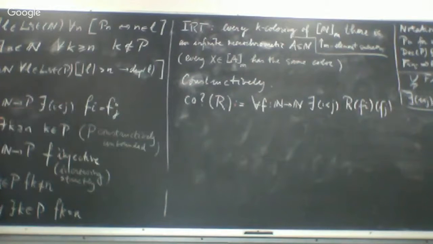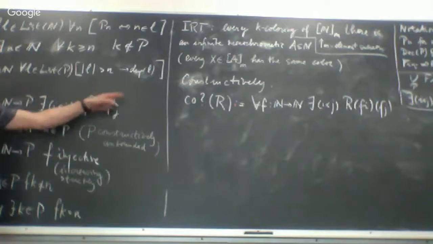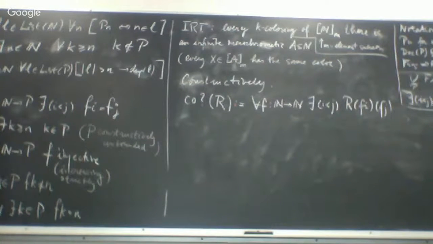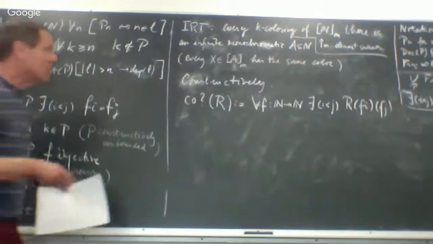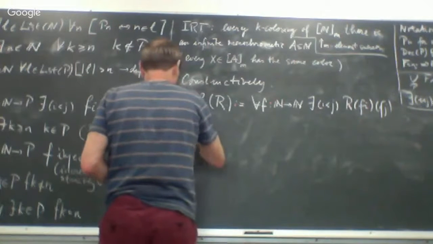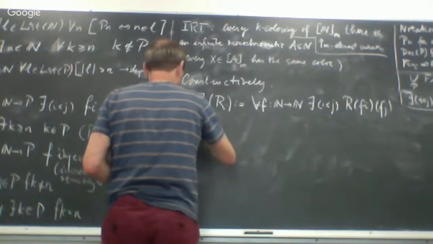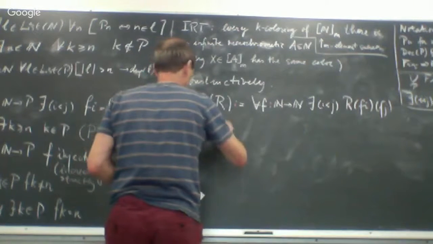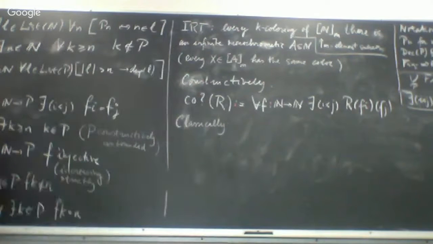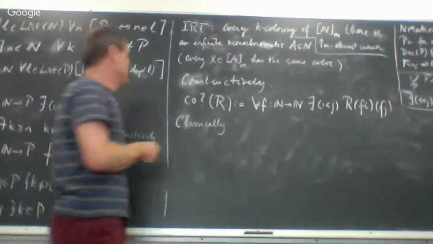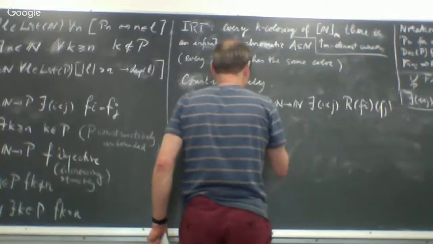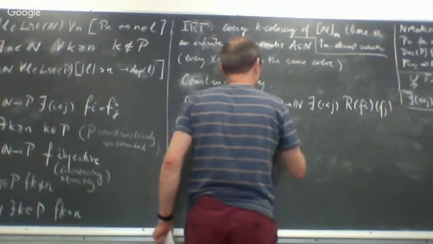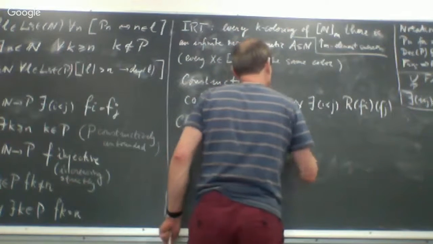This is the property, and it generalizes this one. You could have N here, move the P here, and then generalize to an arbitrary relation. For the moment we are reasoning classically, so let me explain the name of this predicate. What is co-something R saying?